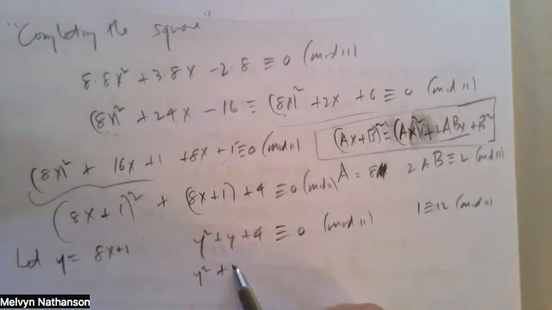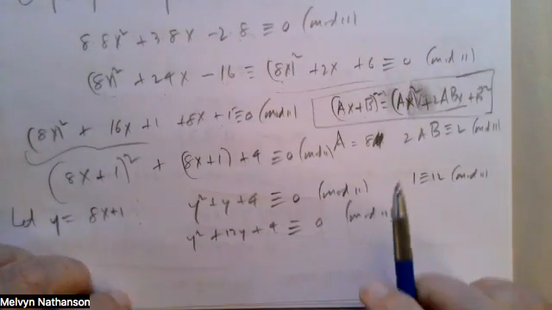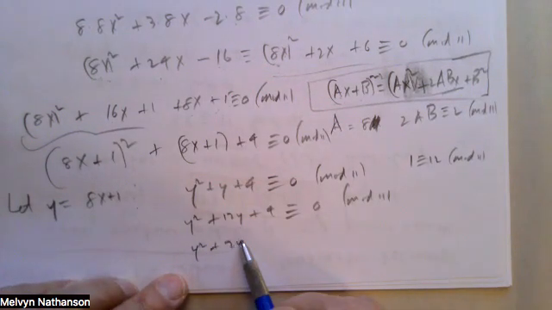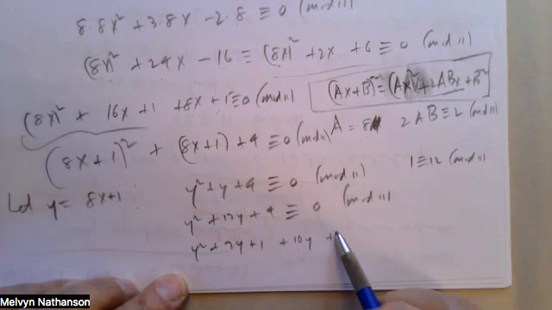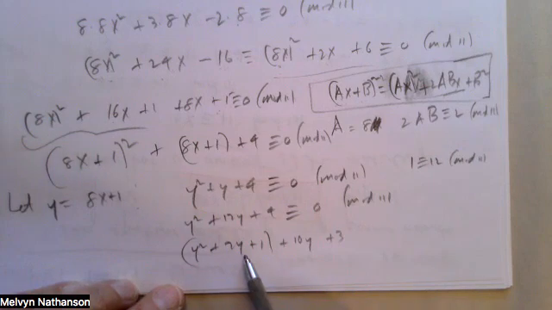So y squared plus 12y plus 4 congruent to 0 mod 11. I'm just trying to get squares somehow appearing in this. This is y squared plus 2y plus 1 plus 10y plus 3. And this is y plus 1 squared.